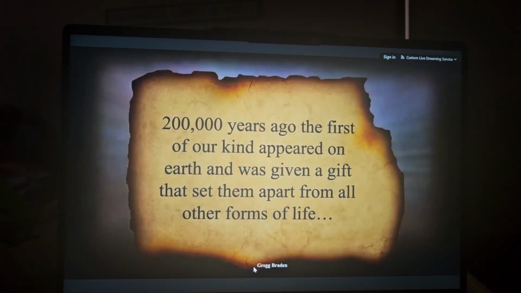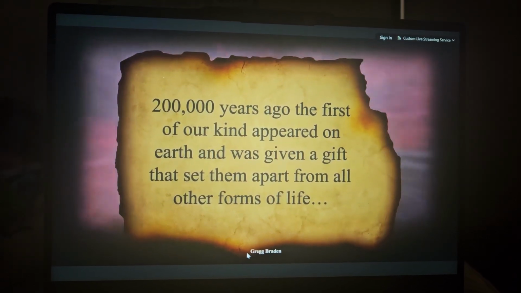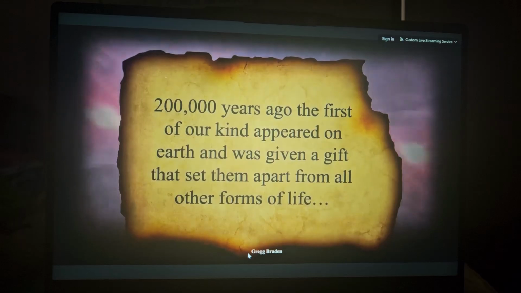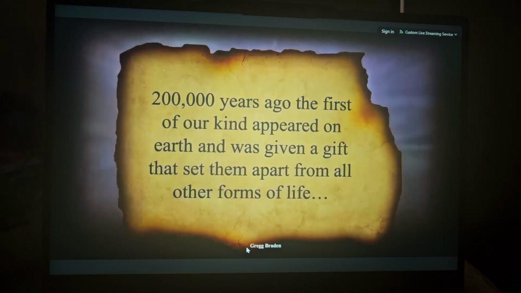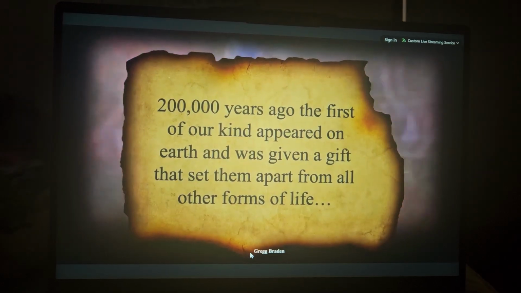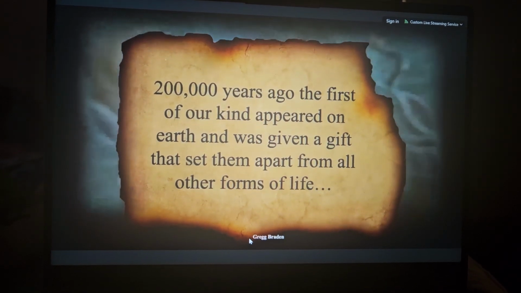200,000 years ago, the first of our kind emerged, mysteriously appeared on this earth, and our ancient ancestor was given the gift that set them apart from all other forms of life.